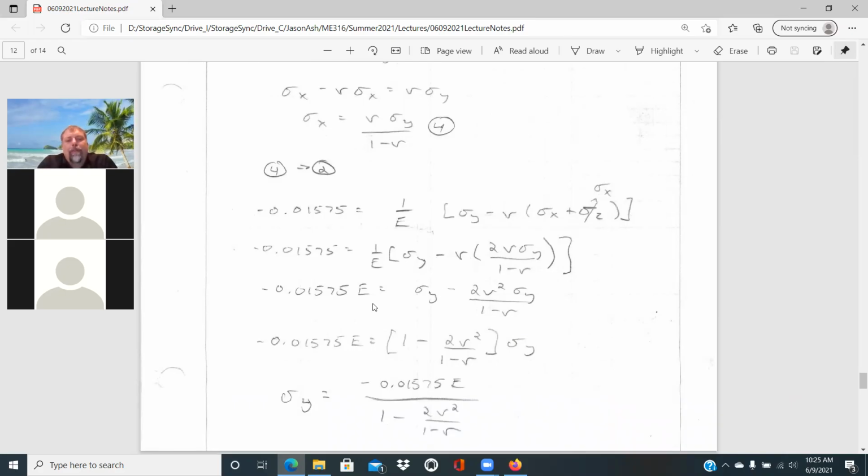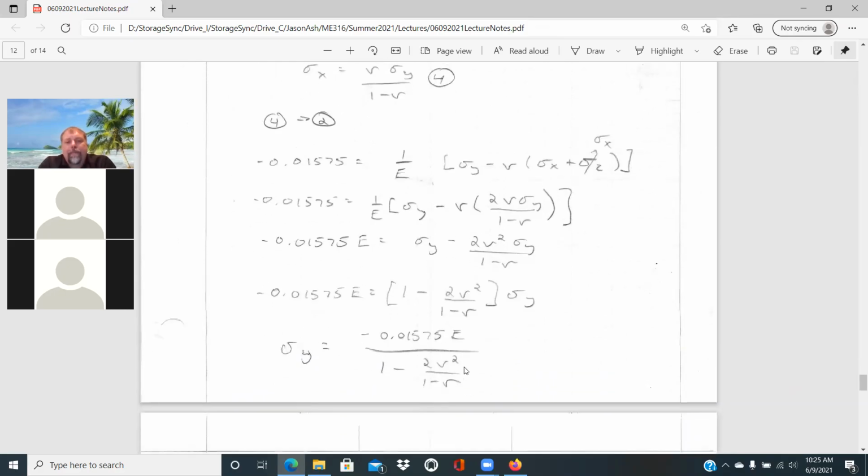What we're solving for is sigma y. We want to know what the stress in the y direction is. We're getting things all in terms of sigma y at this point. And so with that, we can pull sigma y out of there, and we'd have a 1 minus 2 nu squared over 1 minus nu.